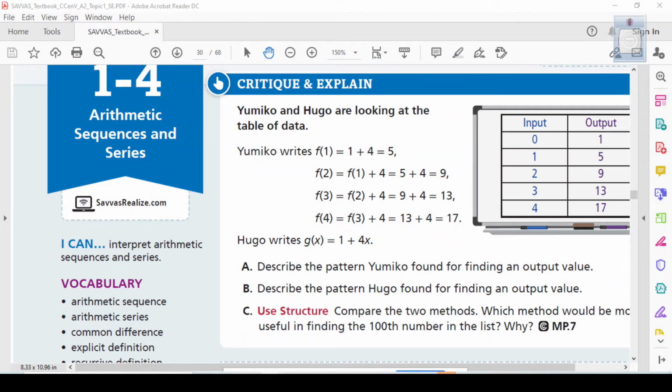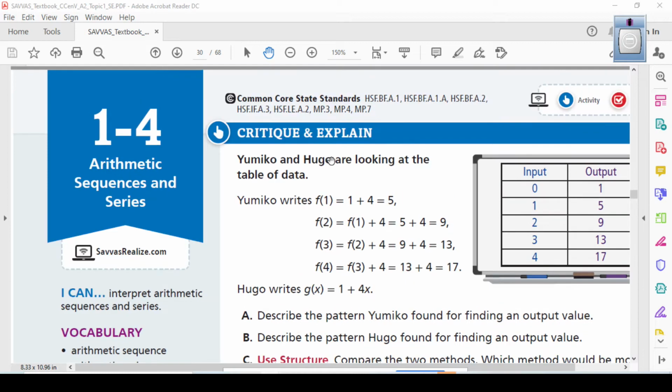Today we're going to focus on arithmetic sequences and series. A very interesting topic. And in it we're going to find out that there are some other areas in math that we don't focus on that much, but they're also equally amusing.